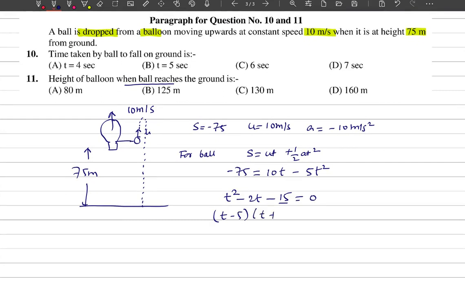After factorization, this will come equals to 0. So t equals to 5, minus 3 तो लेंगे नहीं. So t equals to 5 second is the time to reach the ground. This is answer to question number 10, B.